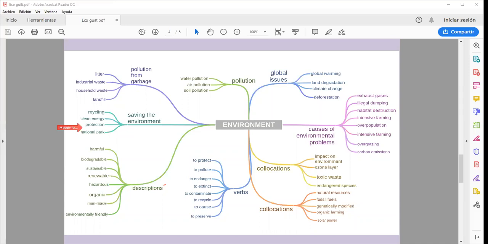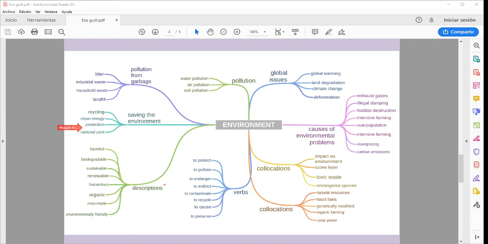Okay, anybody to tell us what is a national park? No? Okay, volunteers. The national park creates the natural reserves, protection the flora and fauna. Okay, thank you. That was a very good example.